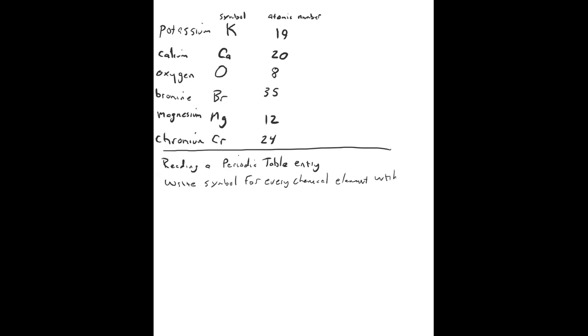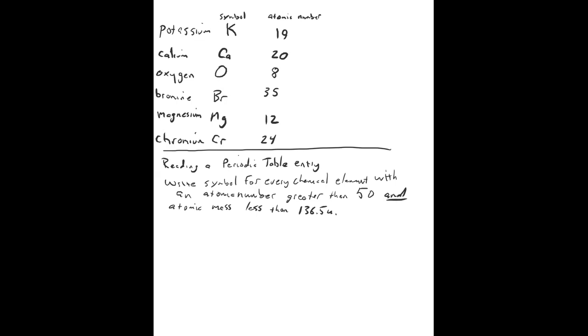with an atomic number greater than 50, so more than 50, so not including 50, greater than 50, and atomic mass less than 136.5 U. Okay, so let's talk about this one here.